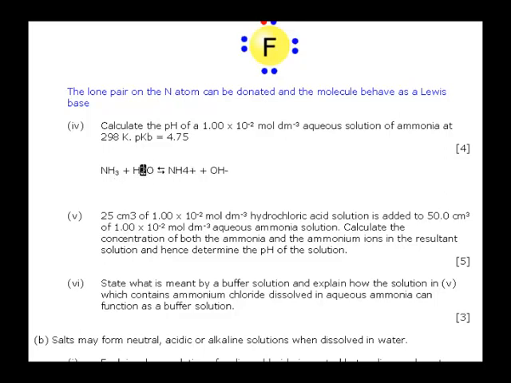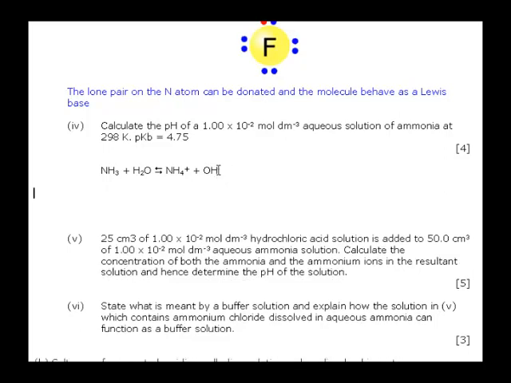Tidy that up, put the coefficients in the right places, and charges, superscripts, and that gives us K. Our Kb expression is equal to 2 components divided by 1 component.